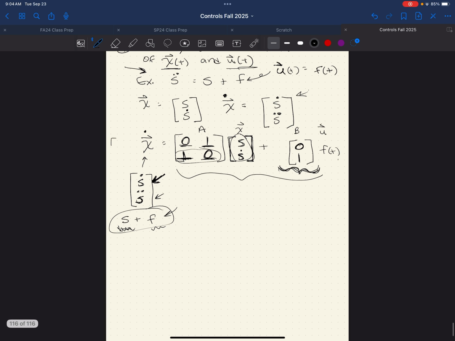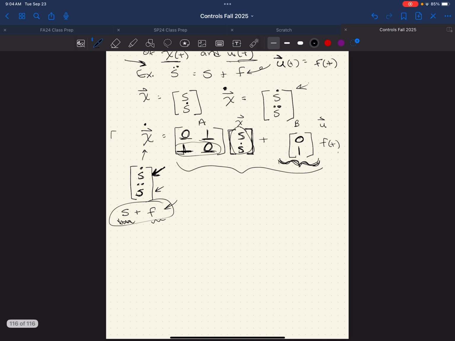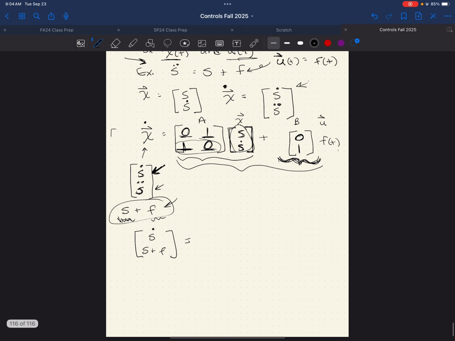All right. So doing this manipulation takes a little bit of practice to figure out what needs to multiply what. And in fact, you can check yourself. If you do the matrix multiplication here and the matrix multiplication here, you want to convince yourself that they result in s dot and then the definition of s double dot, which is s plus f. So let's do A times x. I have a 0 times s plus 1 times s dot.